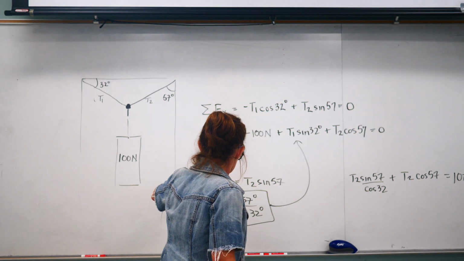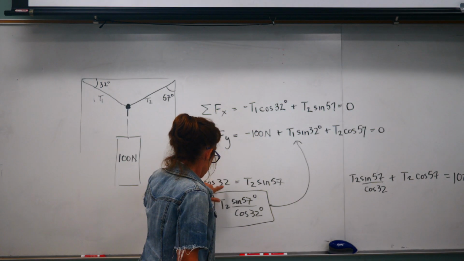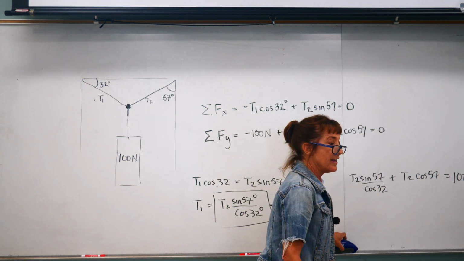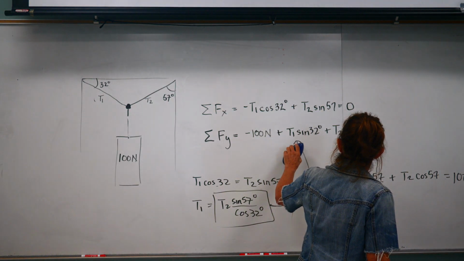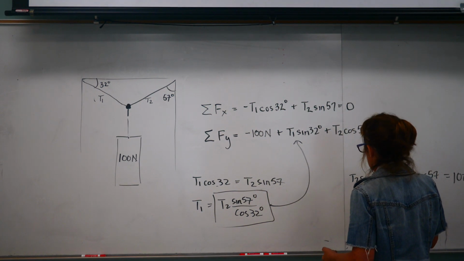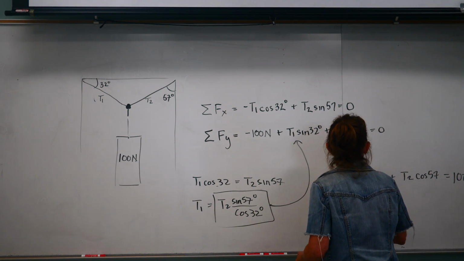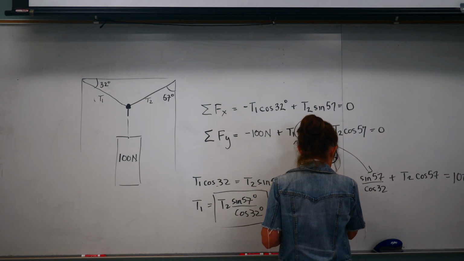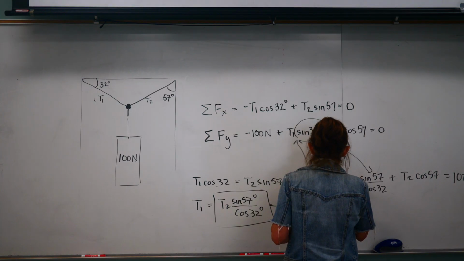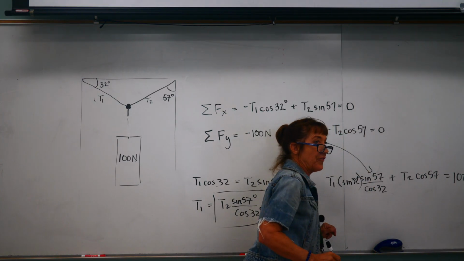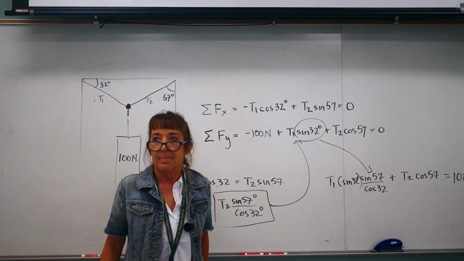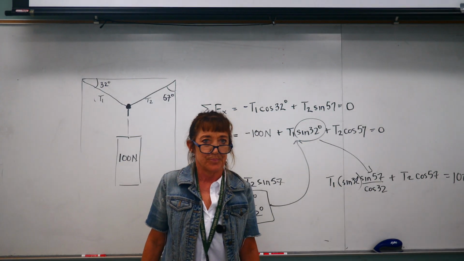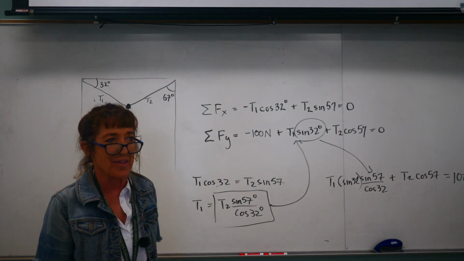Let's see. Oh, right, wait. T1. Oh, yes, we are. Thank you. Yes, we are missing a sine 32. I forgot to add this to that term. So, good. I'm glad you caught that. Yeah, perfect. Thank you. Very nice. Keep me on the straight and narrow there.